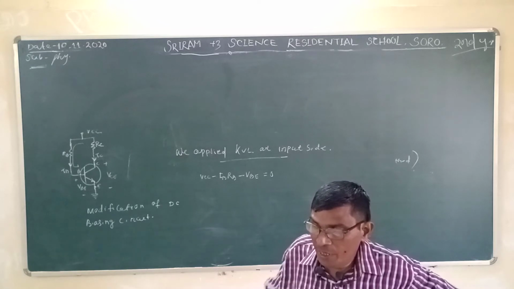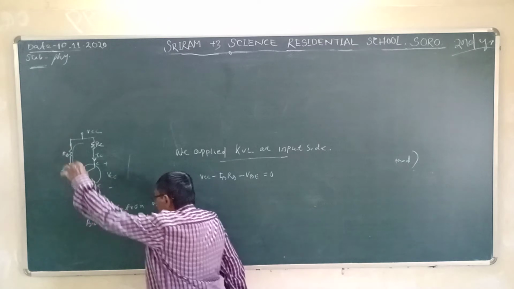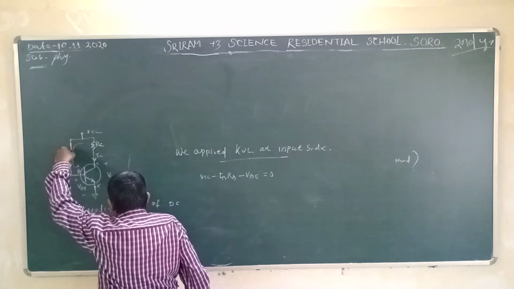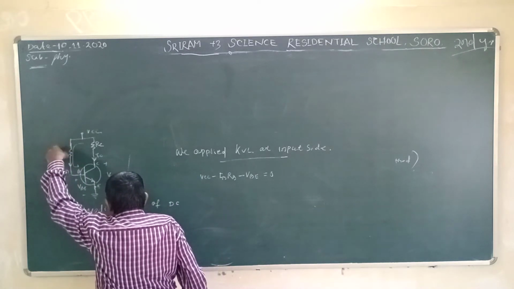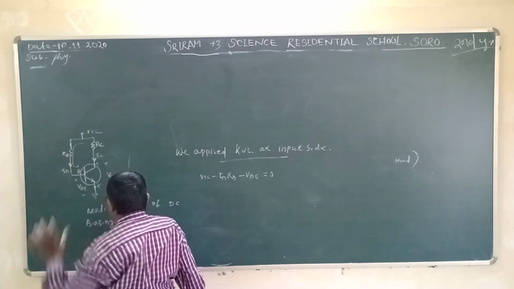When the base current flows in the base circuit, it passes through this resistor, and the drop across this resistor is IB and RB.